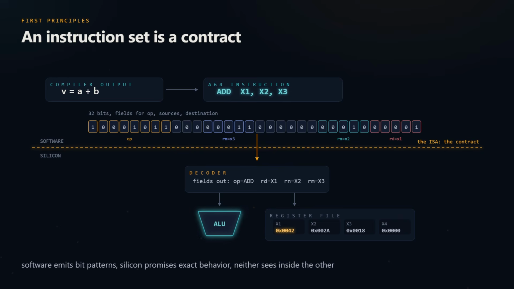Here is the 64-bit ARM encoding of an add, 32 bits, with fields for the operation, the two source registers, and the destination. The hardware decodes those fields, fires the arithmetic unit, and writes the result back. Notice what the contract does not say. It says nothing about how the silicon does any of this. That freedom is why this whole war is subtler than it looks.